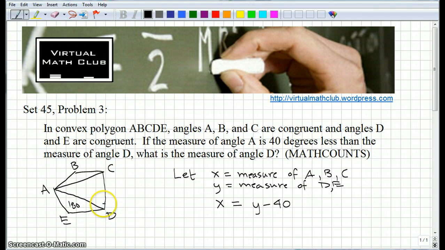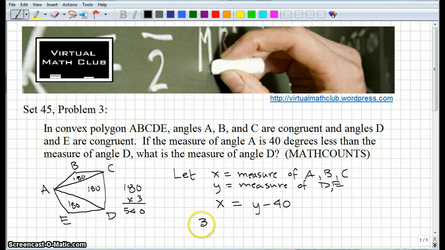This angle is part of angle D, and this is part of angle A. So this is 180, this is 180, and this is 180. So I know that the sum of the angles in the pentagon, it's not a regular pentagon, but it's a pentagon, is 3 times 180. So let's take 180 times 3, which gives us 540 degrees.